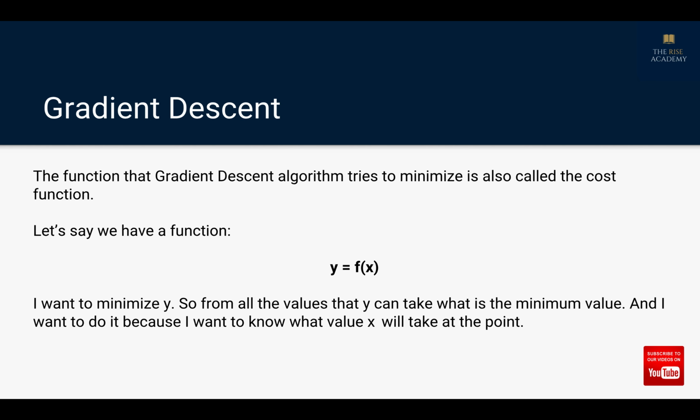Then only the quality check process will go fine, and my number of defects will stay at a minimum. I cannot go below 10. I can go 11, but not below 10. It helps me take those kinds of decisions so that the y that I want to minimize stays at its minimum value. I want to know x, because then I can control it and make sure that it is never compromised, right?